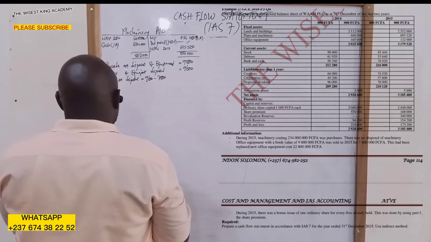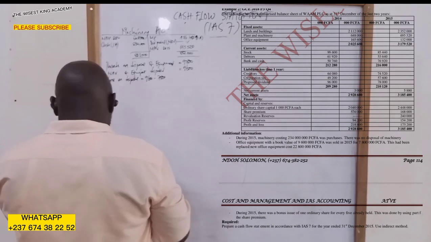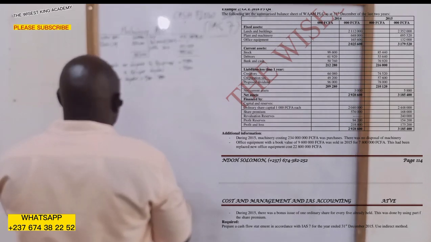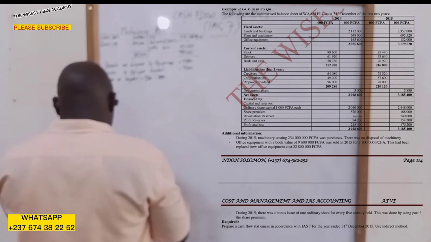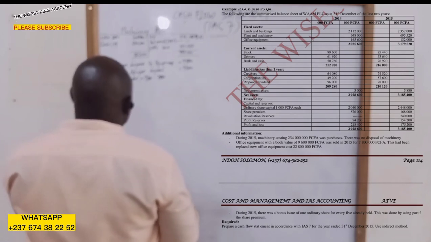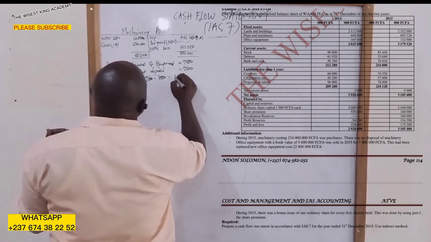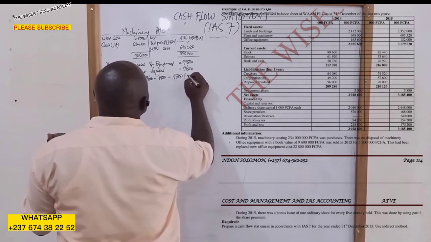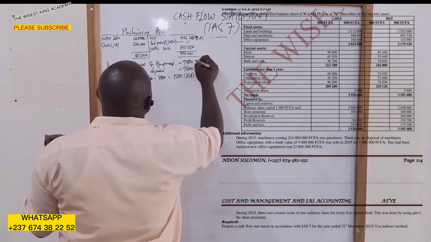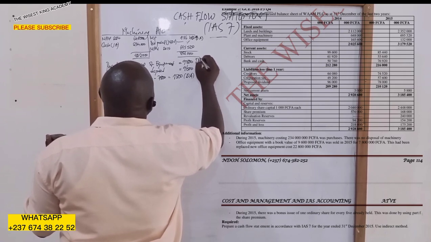Let me calculate it here: 9,600 minus 7,800 is 1,800. So there is a loss on disposal of 1,800. This is going under operating activity. This is going under investing activity.